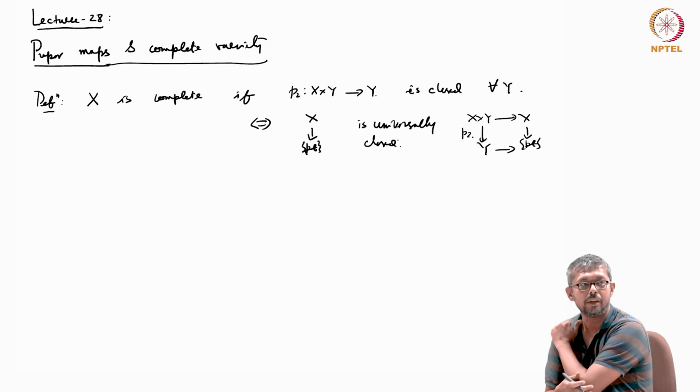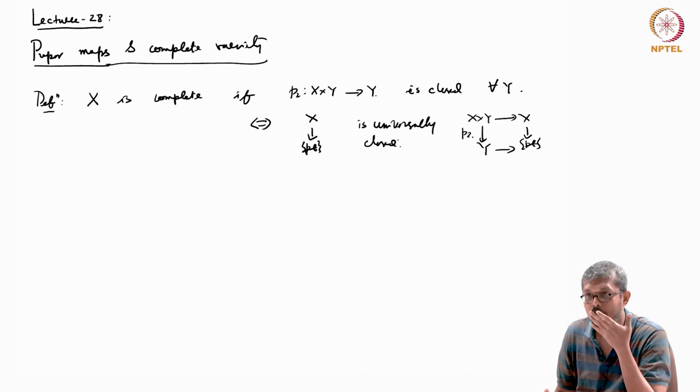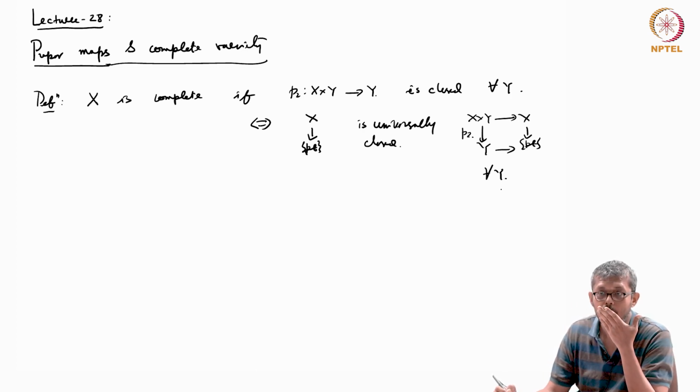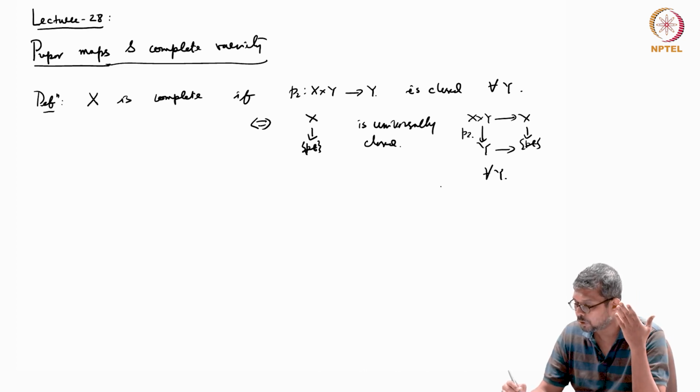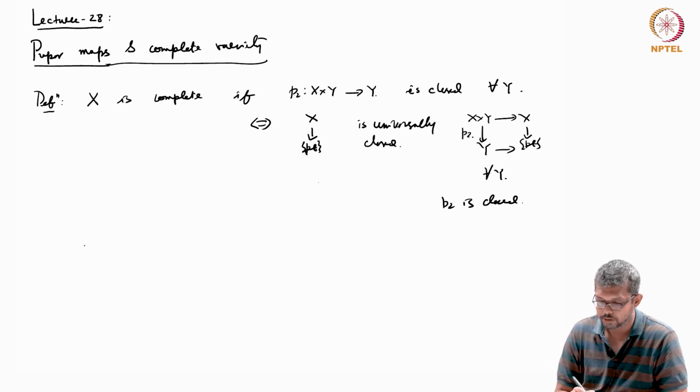This is another way of saying that the map X to a point is universally closed if this happens for all Y. That is, P2 is closed for every Y, and this is the same as saying that this is universally closed, right? That is what it means.